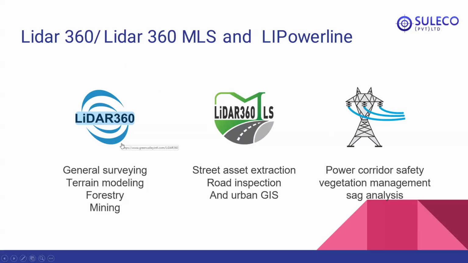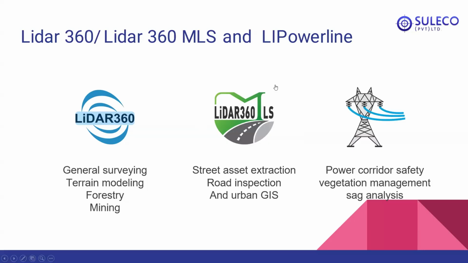We use LiDAR 360 for general surveying and terrain modeling applications, also forestry and mining applications, and a few others. The MLS one is for street data asset extraction, I mean, road corridor features, road furniture and other road features can be extracted from here.